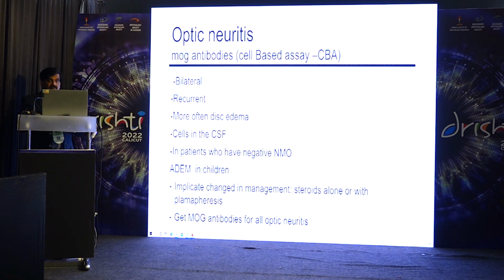In children, it causes what is called ADEM, an acute disseminated encephalomyelitis, which responds well to steroids, and they do well. So the pattern of treatment has been differentiated and selected depending upon the serological results also. That is one more important newer development.